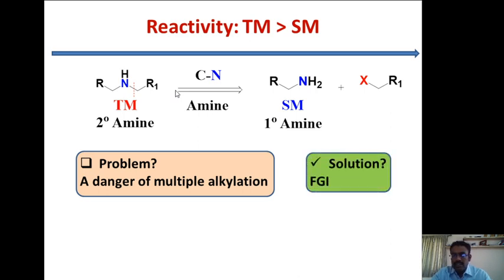Here the solution is the functional group interconversion. We have seen already that if you find that the target molecule is more reactive than the starting material, then you have to use functional group interconversion. That means you have to convert this more reactive target molecule into a less reactive one first, before going for the disconnection.